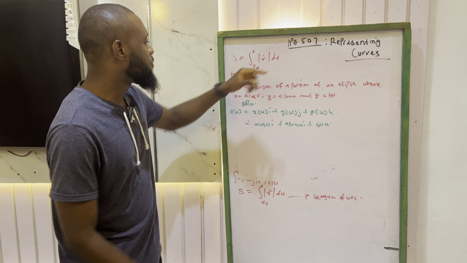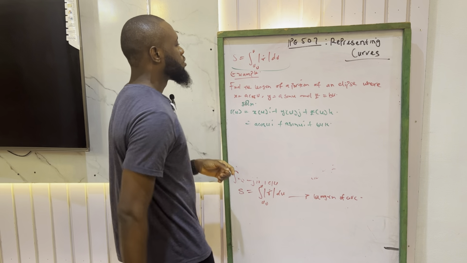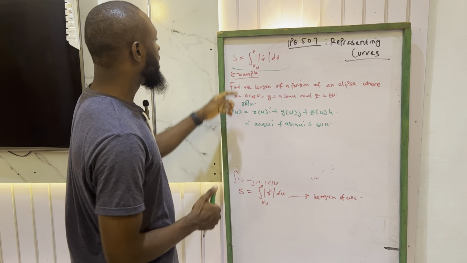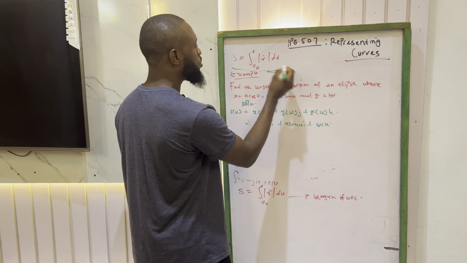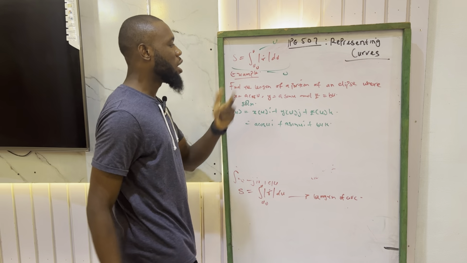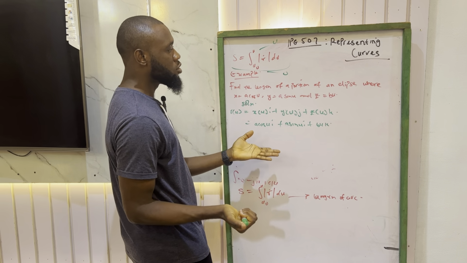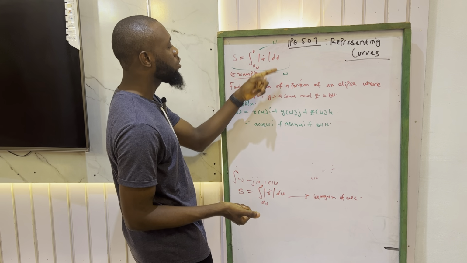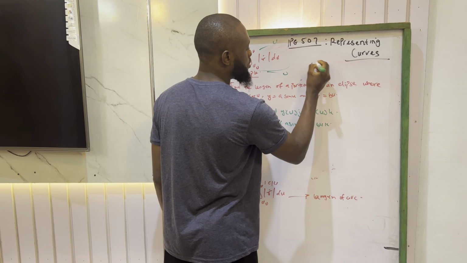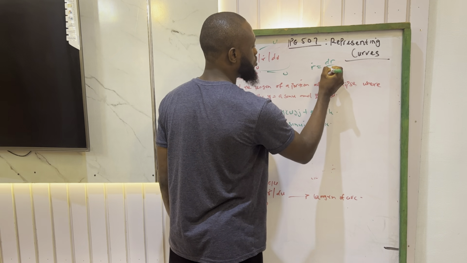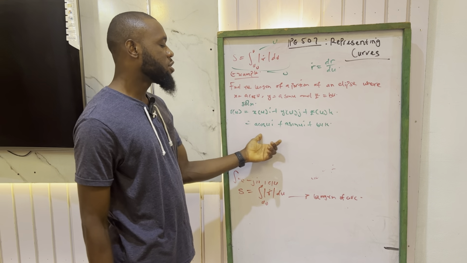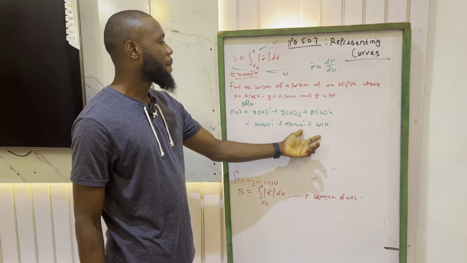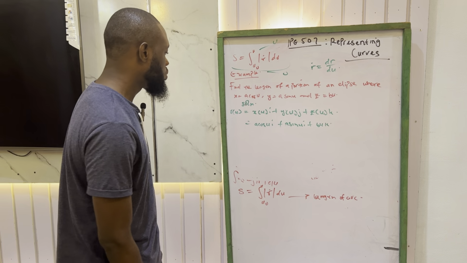Okay, so we said find the length of a portion. So basically we are using this formula that we have here. What are the components of this formula? We are looking for s. We assume u naught to be 0 and this upper limit should just remain u. Then we have r, which represents the R du. Remember, we are going to be differentiating each term of our general form with respect to u.